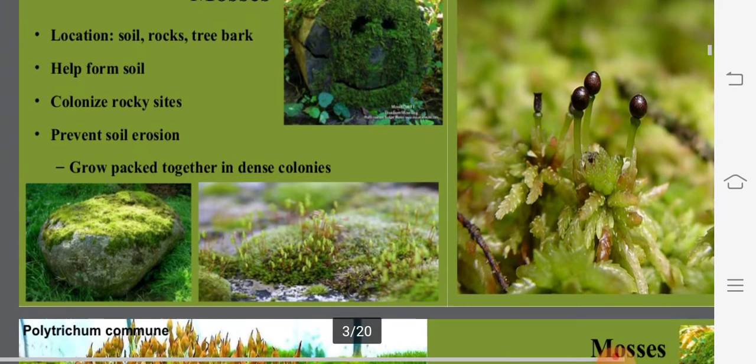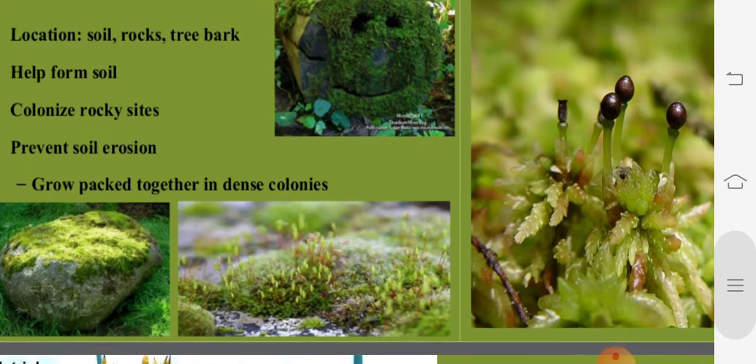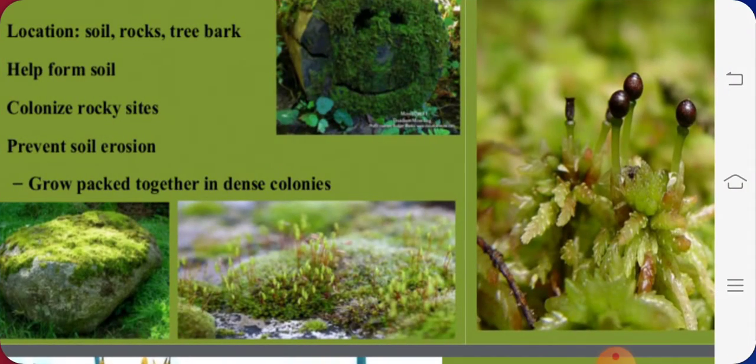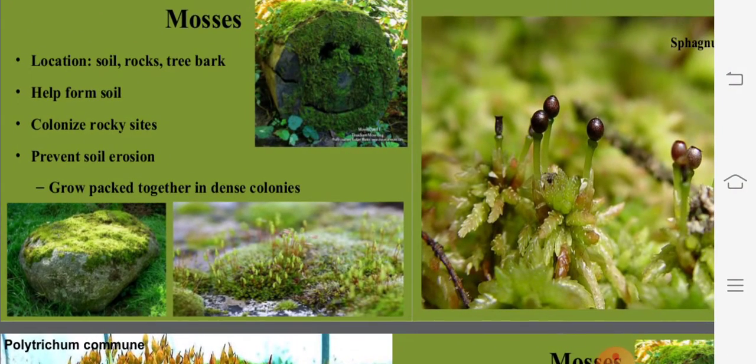As you are observing, this is a rock, which is also covered, and in succession we know the xerosere. I think in succession you know xerosere, hydrosere, mesosere. So in the xerosere condition it is a barren rock, but later on it becomes covered by mosses.